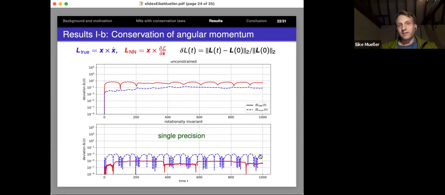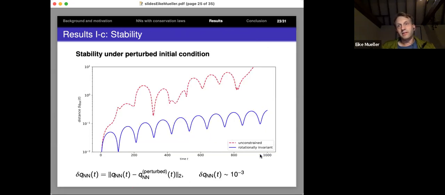Okay, the final thing I looked at is stability under perturbations of the initial conditions. What I plot here is the deviation of the unperturbed and the perturbed trajectory as a function of time. The initial perturbation is 10 to the minus 3.